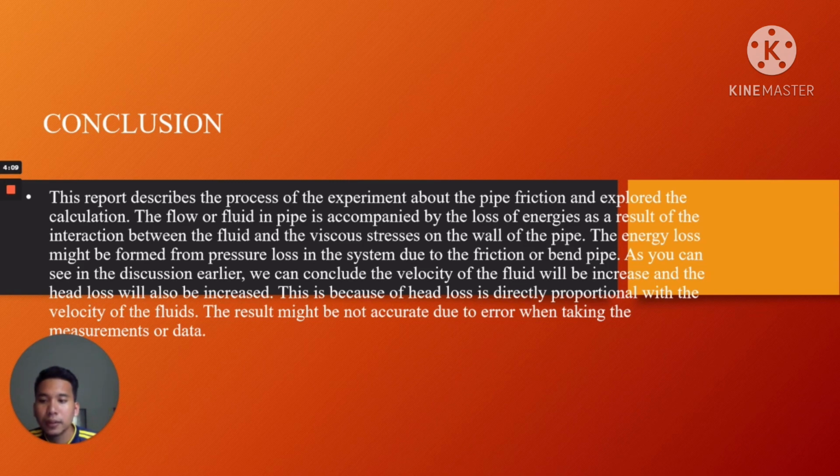The energy loss might be formed from pressure loss in the system due to the friction of the bend pipe. As you can see in the discussion earlier, we can conclude the velocity of the fluid will increase and the head loss will also increase. This is because head loss is directly proportional to the velocity of the fluid.